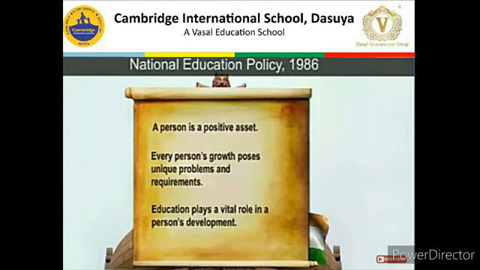Therefore, a human being is a positive asset and a precious national resource which needs to be cherished and developed with care, coupled with dynamism. Each individual's growth presents a different range of problems and requirements.